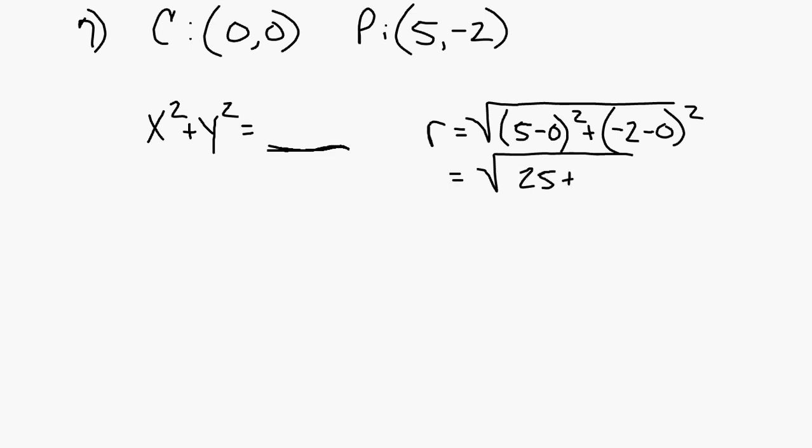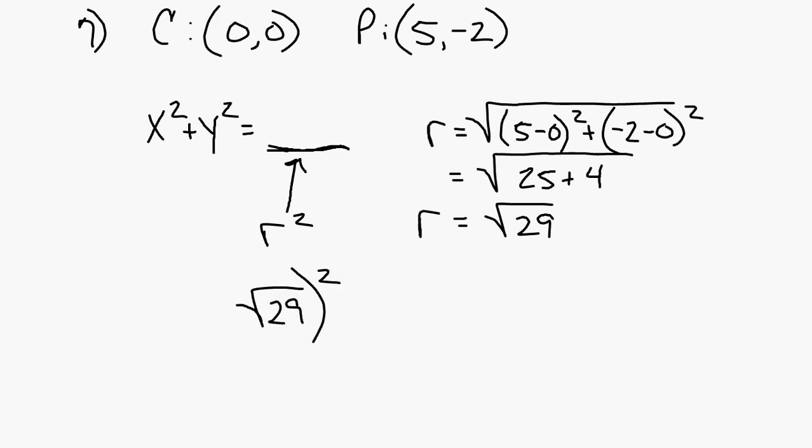That's going to be the square root of 29. So if your radius equals the square root of 29, and here goes your radius squared, well, the square root of 29 squared equals 29. So 29 right here.